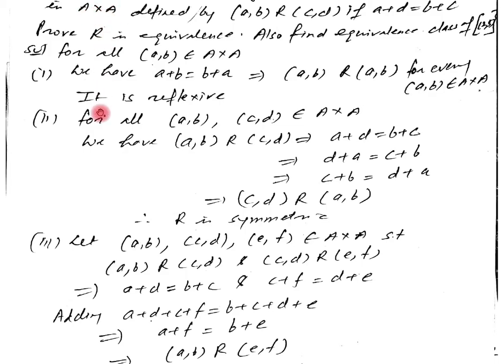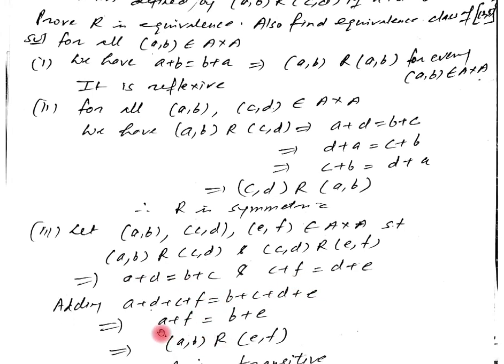Now for the transitivity, we consider three elements in the form of ordered pairs belonging to A cross A. Let (a, b), (c, d) and (e, f) belonging to A cross A such that (a, b) related to (c, d) and (c, d) related to (e, f). Now if (a, b) related to (c, d), this implies a plus d equal to b plus c. If (c, d) related to (e, f), this implies c plus f equal to d plus e. Now adding these two and simplifying, we are getting a plus f equal to b plus e.